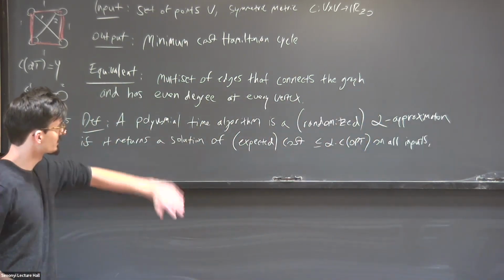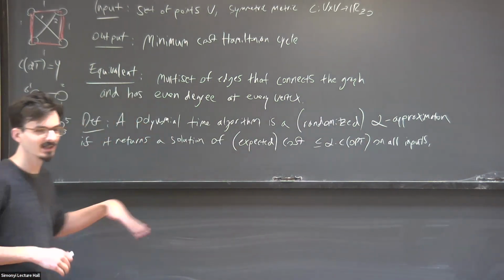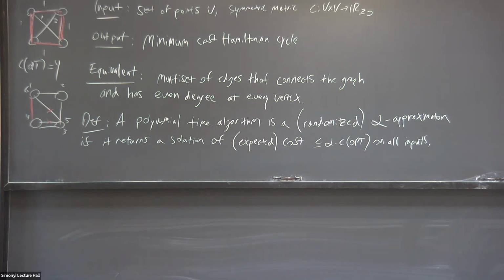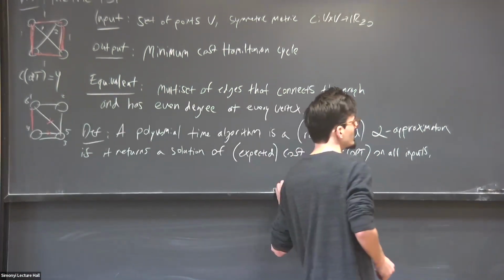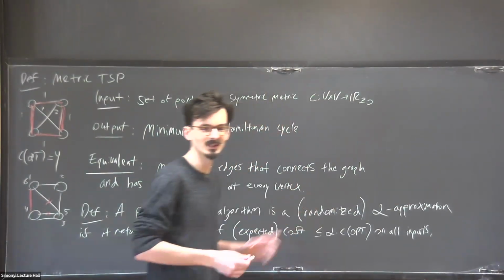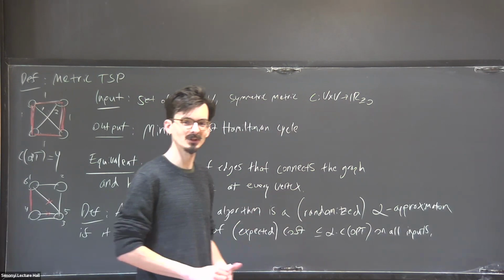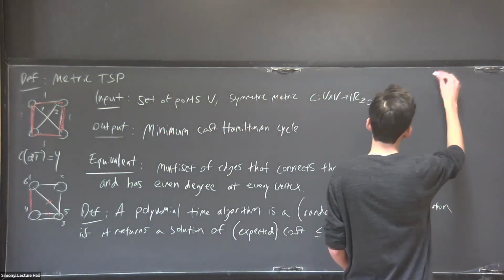And for the randomized version, you just need to do this in expectation. And you can run the algorithm many times to get this with, say, high probability. So let's actually do this 3/2 approximation by Christofides. I think probably many of you have seen it, but I think it's a good warm up.